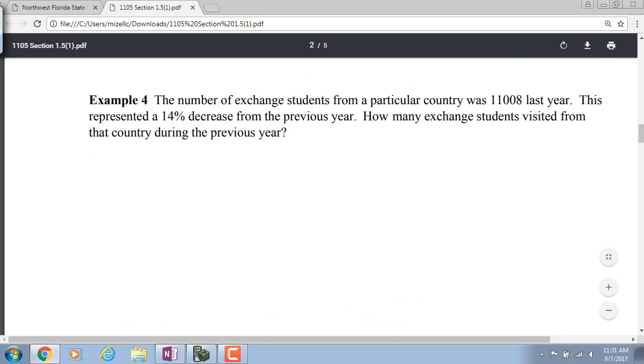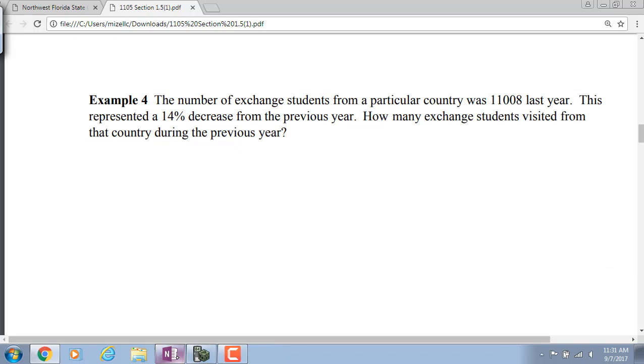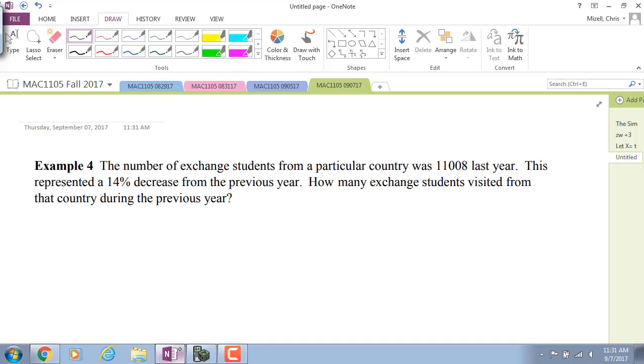No money involved, but I think the idea is about the same. The number of exchange students from a particular country, let's say to this country, was 11,008. 11,008 exchange students last year. However, this represented a 14% decrease from the previous year.